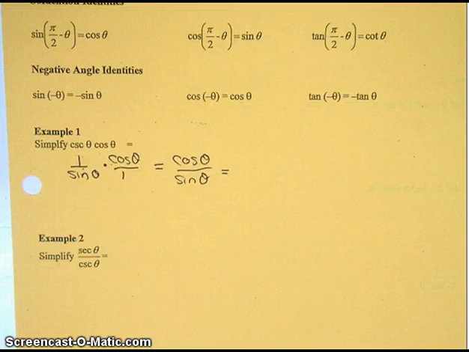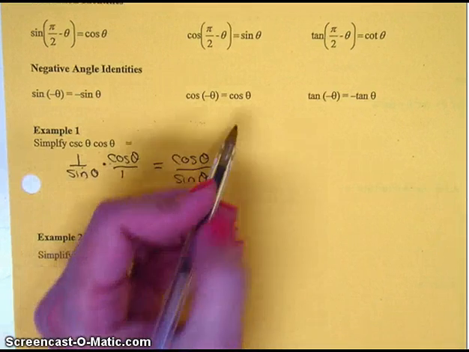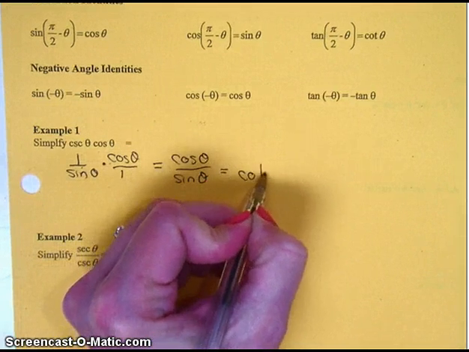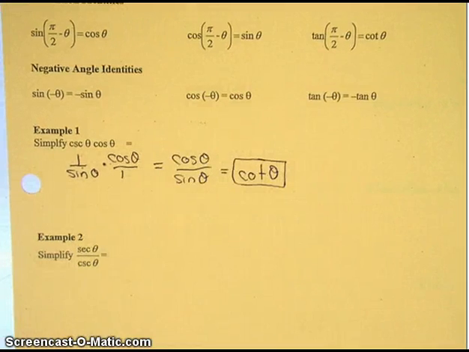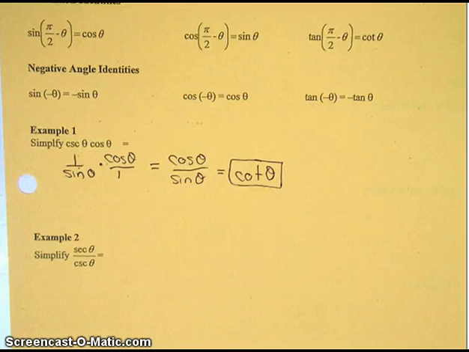There's another one up there. Good. Do you see cosine theta over sine theta is actually cotangent theta? Does that look nice and simplified to you guys? A nice little compact answer? Yes, it does. Very good.